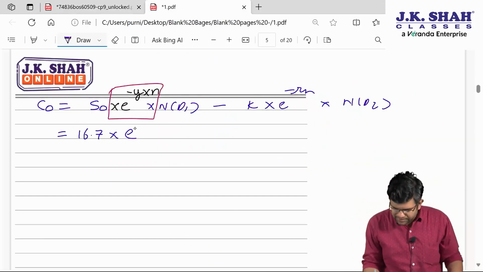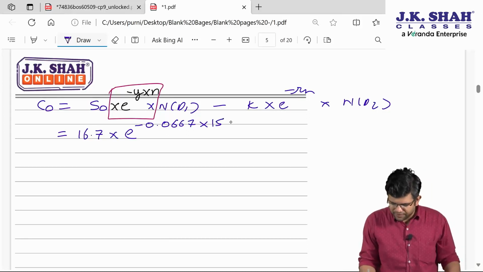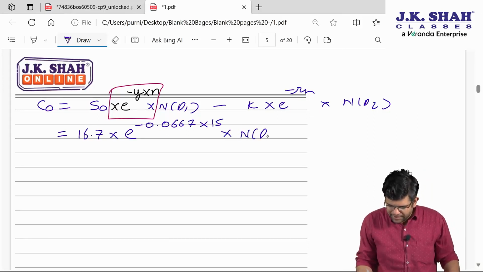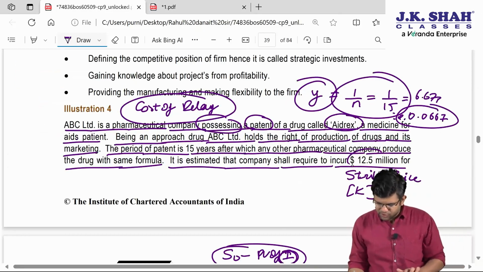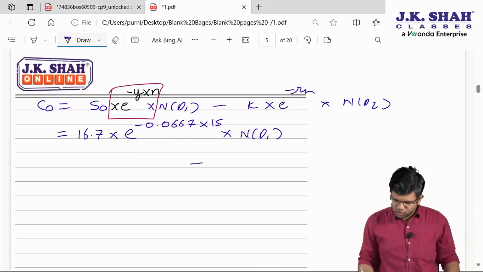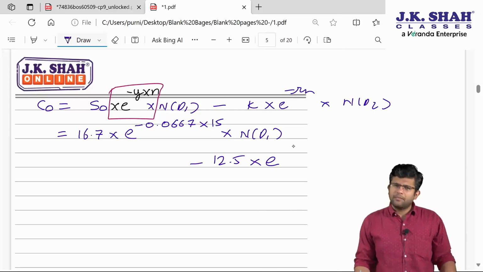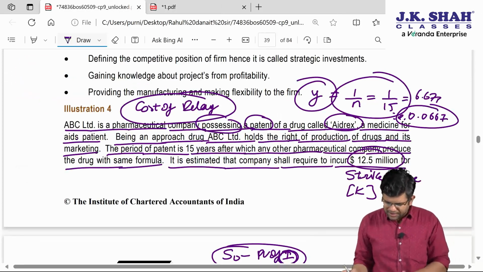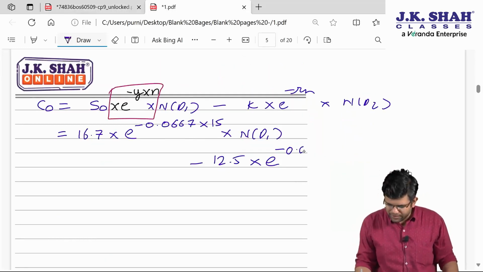So I'll write e raised to minus 0.0667 into n, which is 15 years, into ND1 minus, now K was the strike price, as you remember, 12.5 million. So minus 12.5 million into e raised to minus Rn. Here the R will be normal R only, that is 7.8%. So I'll write minus 0.078 into 15 into ND2.